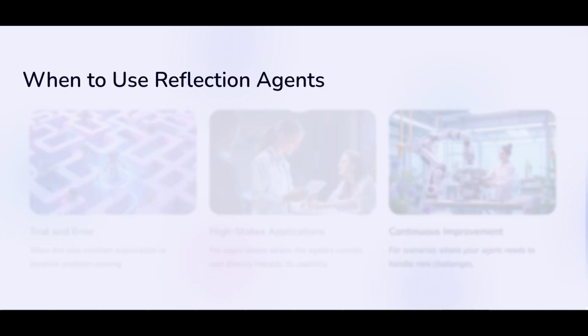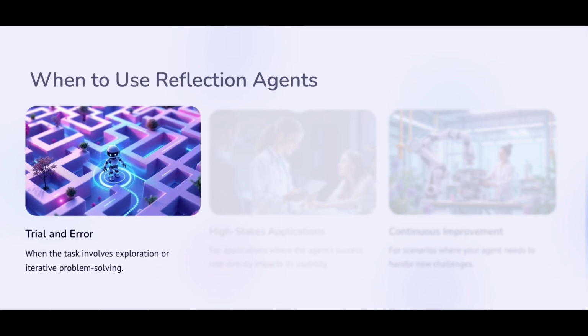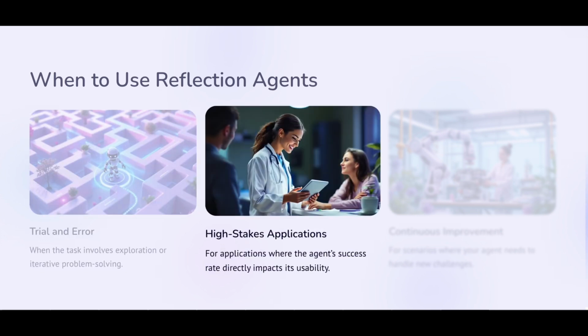So when should you really use reflection agents? Here are three scenarios where they really shine. First, when trial and error is really common. If your task involves exploration or iterative problem solving, a reflection agent can help you make the process smoother and smarter over time. Second, when performance matters.